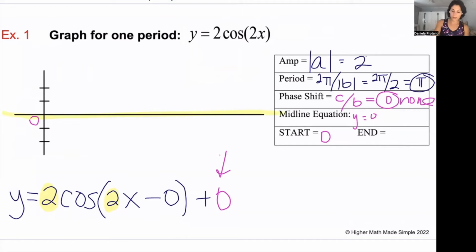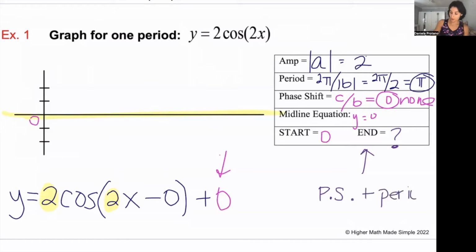Okay, so now the last thing that we have to figure out is, what is this endpoint? So we know it's going to complete one full cycle in pi radians. So how are we going to use the phase shift and the period together? So the end value is always going to be the phase shift plus the period.